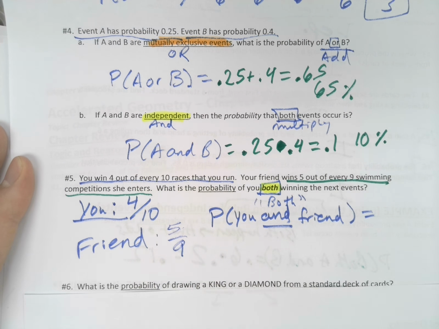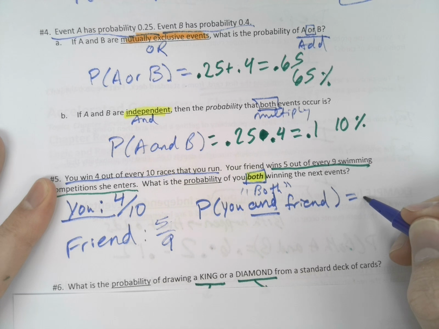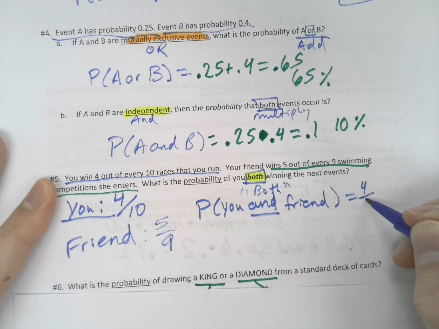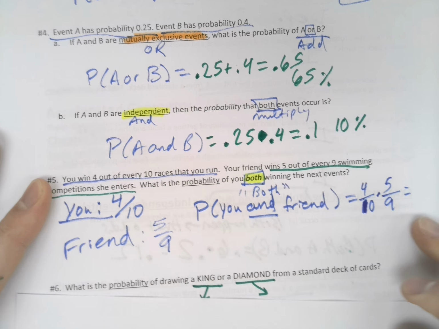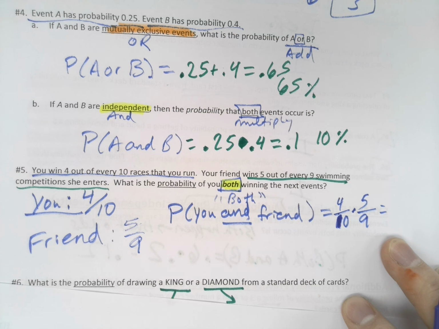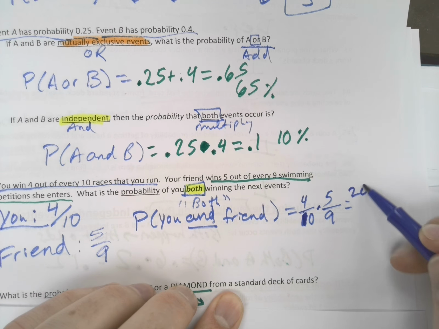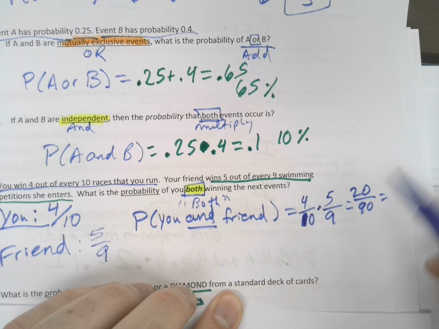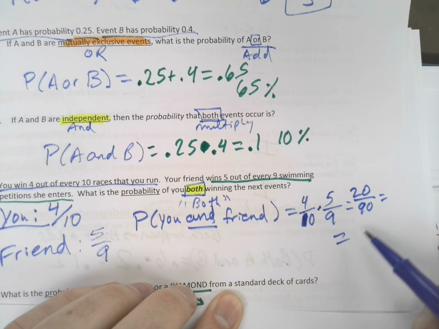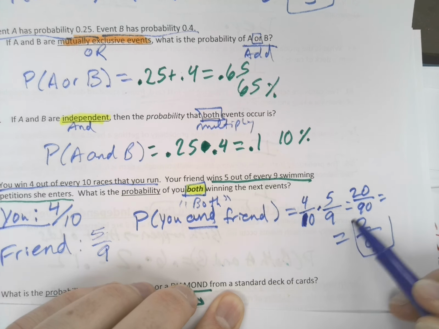So here's our probabilities. So we need to do 4/10 times 5/9. And whenever we multiply those together, you end up with 20 over 90, which reduces down to 2/9.